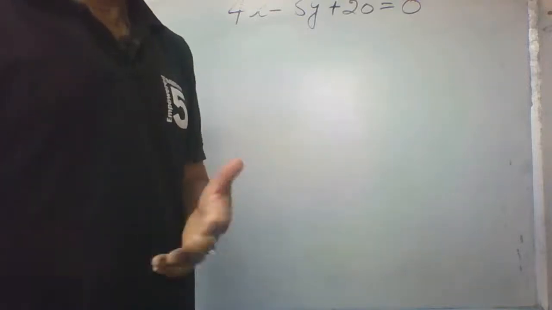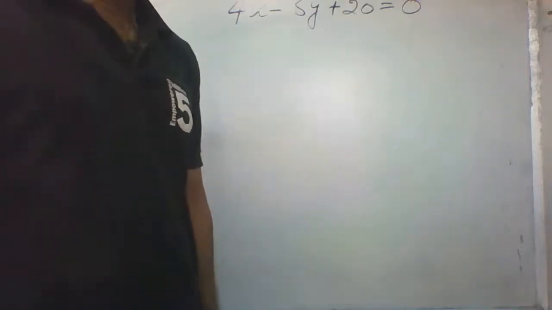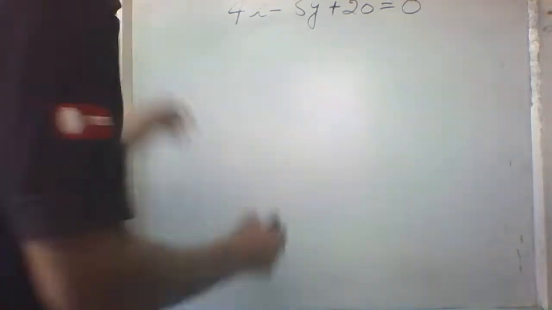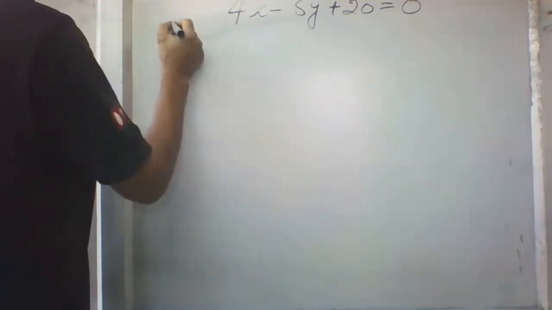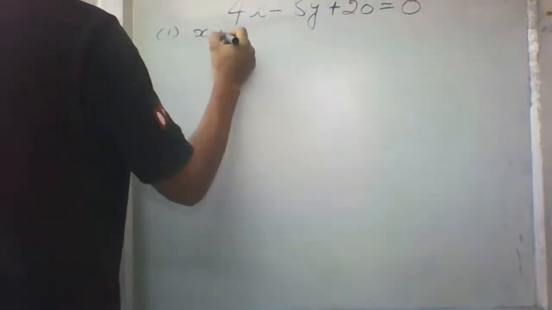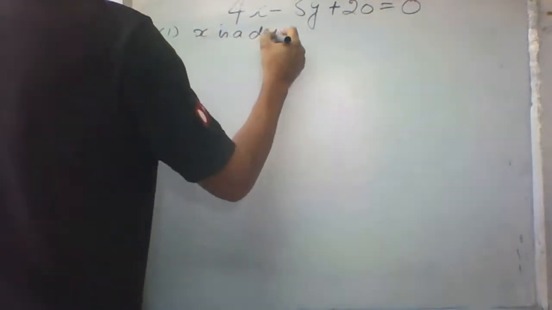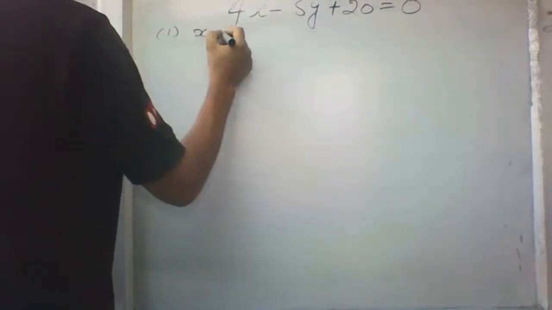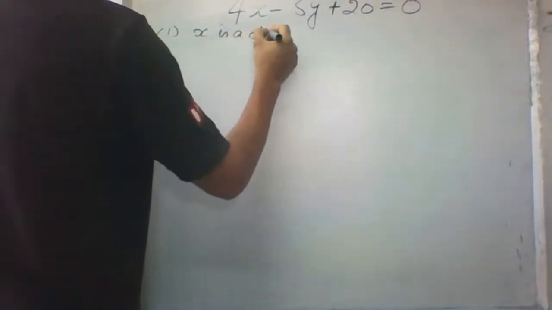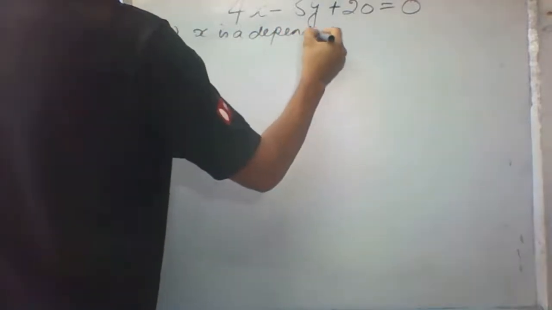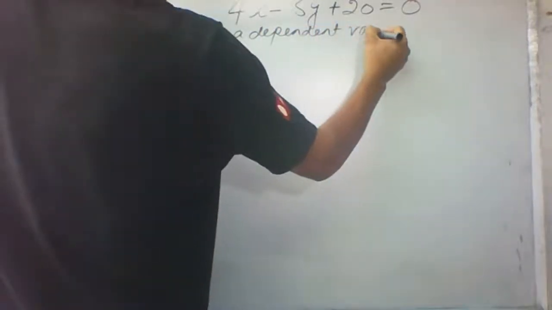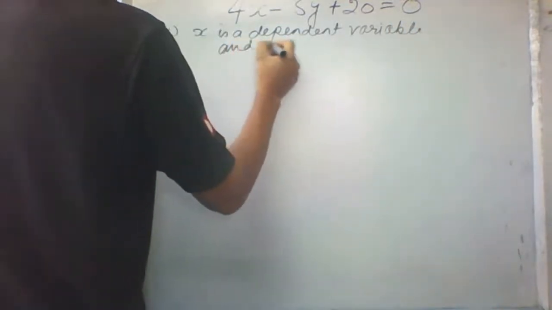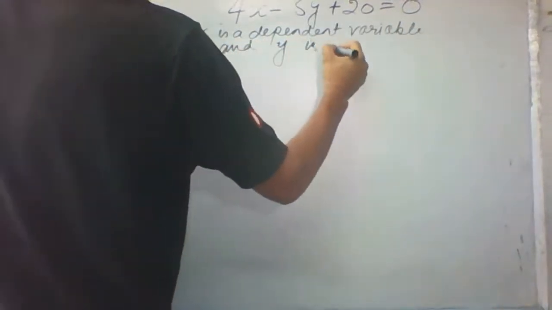Now your teacher will put a question in front of you. X is a dependent variable and y is an independent variable; now solve it. He will say x is a dependent variable and y is independent.